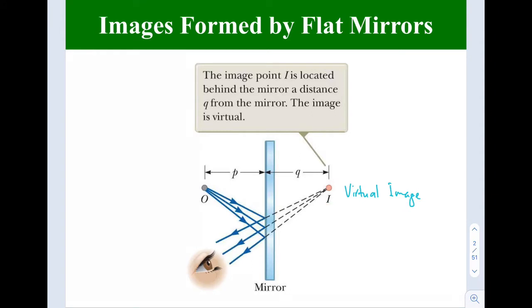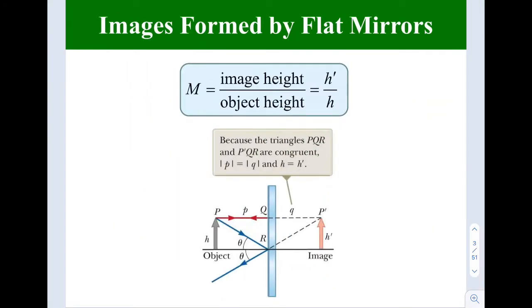Another idea about a real image is that it can be displayed on a screen, for example the projector screen in a movie theater. But a virtual image cannot be displayed on a screen. This figure is for a point object and its point image. Let's take a look at another picture.